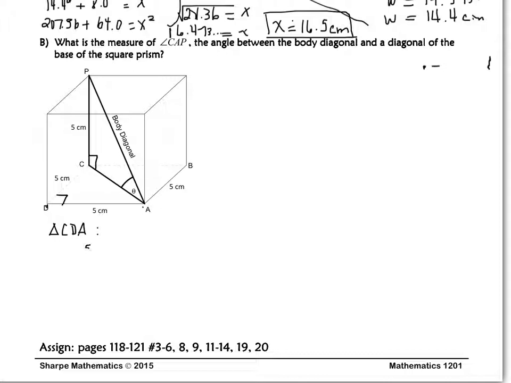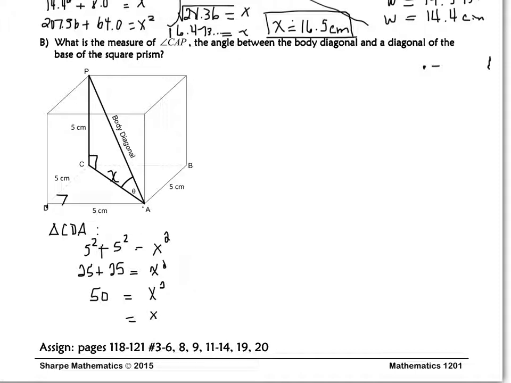I have 5 squared plus 5 squared, because those would be the legs of the right triangle, should equal x squared, would be the hypotenuse. So then that would give you 25 plus 25, or x squared would equal 50.